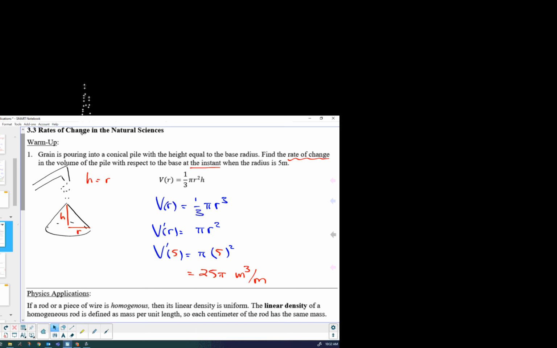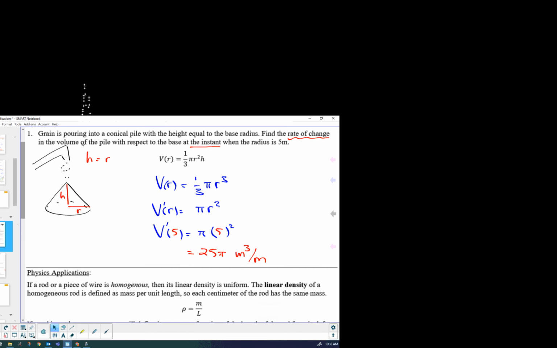Volume is changing as the radius changes. So you imagine that grain is poured into the pile, it flows down and adds to the surface, but it flows right down to the bottom, so the bottom is getting wider. So as the bottom of our cone gets wider, how does the overall volume change? That's what we're looking at.